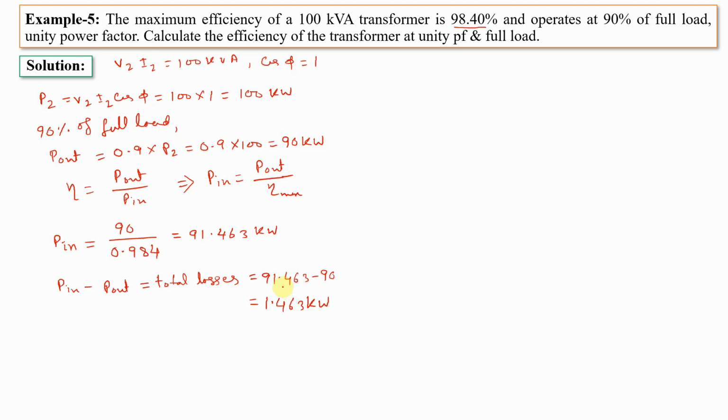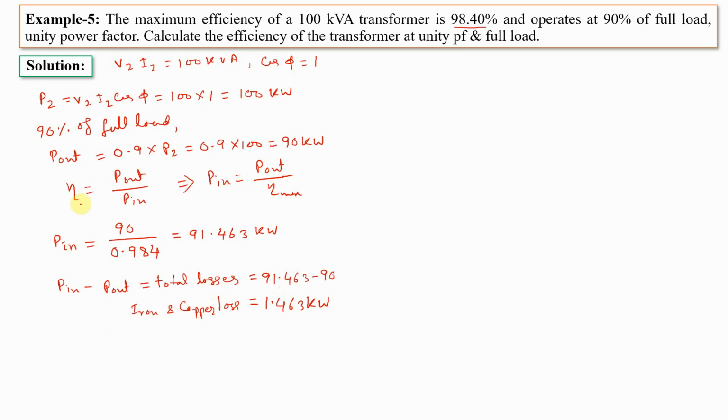But what is the total loss? The total loss is the sum of the iron loss and the copper loss. This iron and copper loss is considered as the total loss.